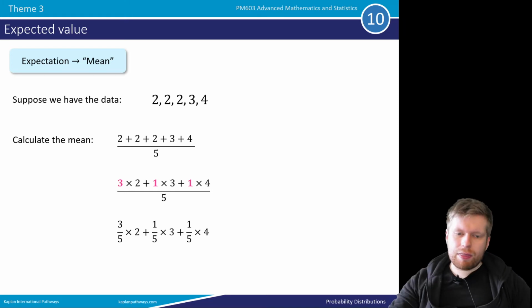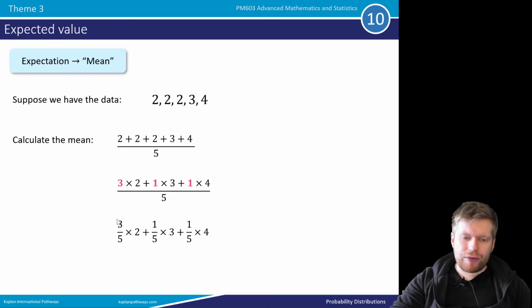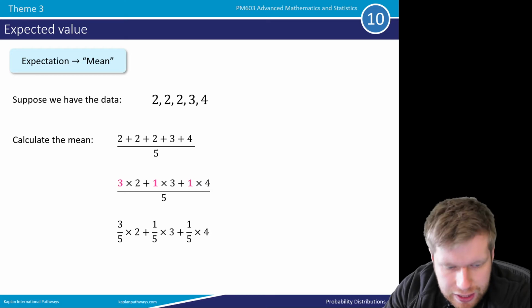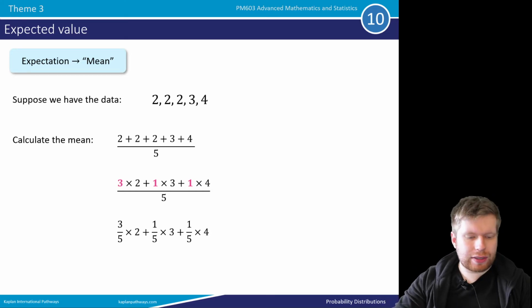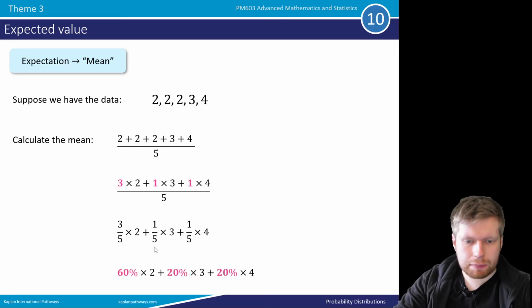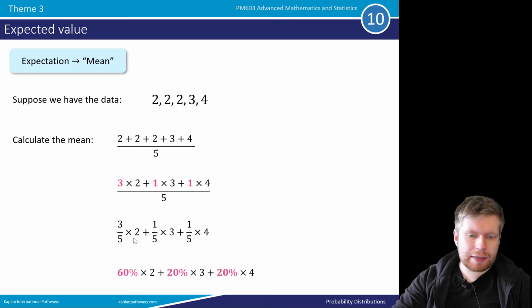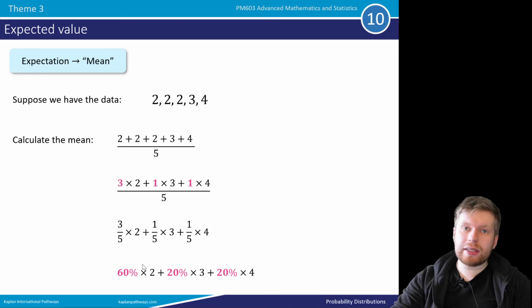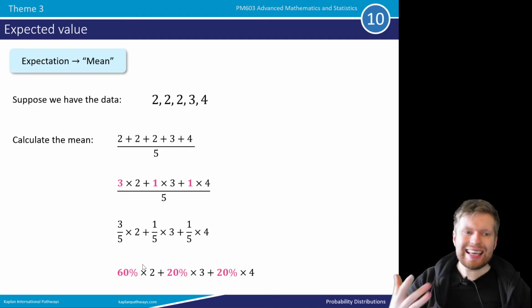The reason why I've done that is because now I effectively have a probability here, right? 3/5. Look at that 3/5 there. What does that 3/5 actually mean? Well, it just simply means that there's a 60% chance of 2 coming up in my data set, because 60% of my data is 2.